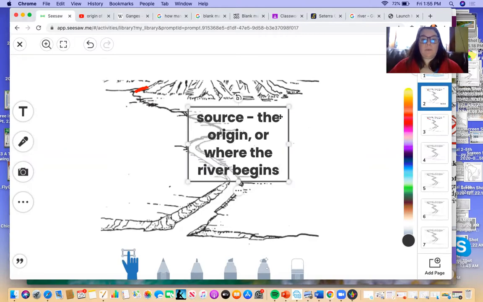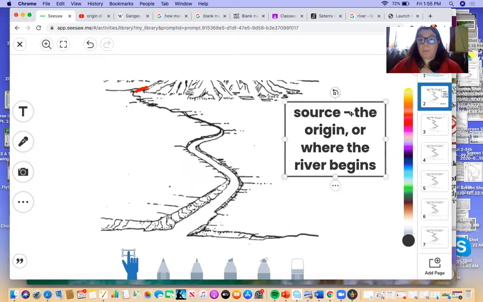So in this case, the source would be snowmelt from the mountain or even rainwater coming down from the mountain. We notice that because of gravity, if you're ever in the bathtub and you've washed your hair and you take your cup of water and you pour it on your head and that water comes streaming down, that's the same kind of thing with water running down a mountain. That gravity, it finds its path and that becomes the river.